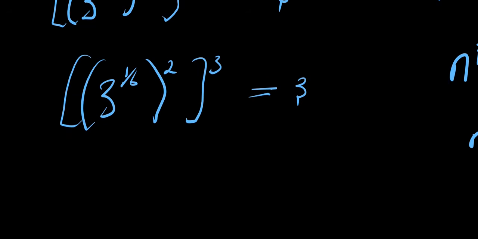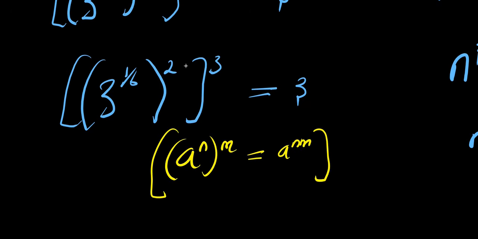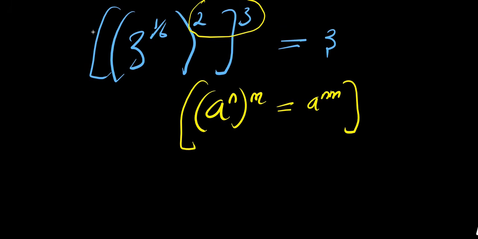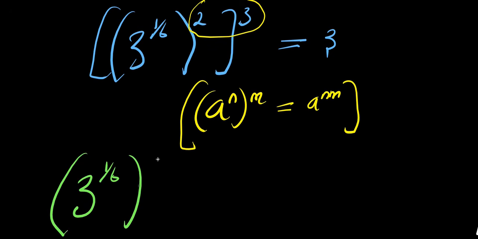So from here, use the same identity again, a power n times n equals a power n times n. We multiply this out. We are simply going to have 3 to the power of 1 over 6 raised to the power of 6, and this equals 3.